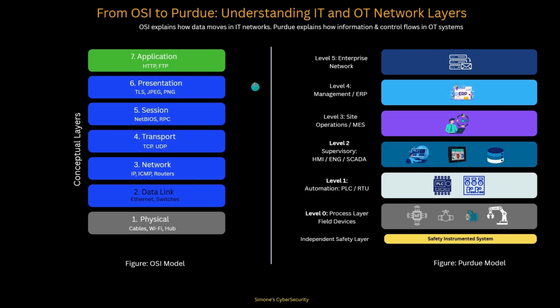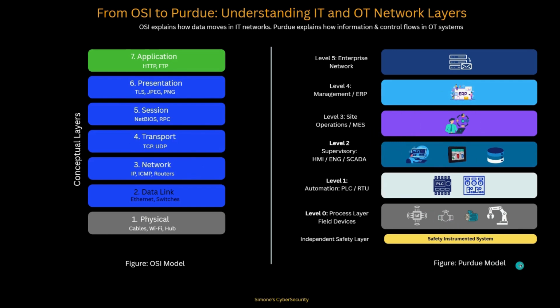So in simple terms, the OSI model helps IT professionals understand how information travels across networks. The Purdue model helps OT professionals understand how commands and data flow across industrial systems. Commands as in control. So both are reference models designed to bring clarity, one for the digital world of IT and the other for the physical world of OT.